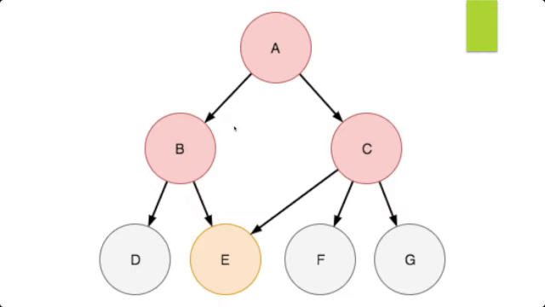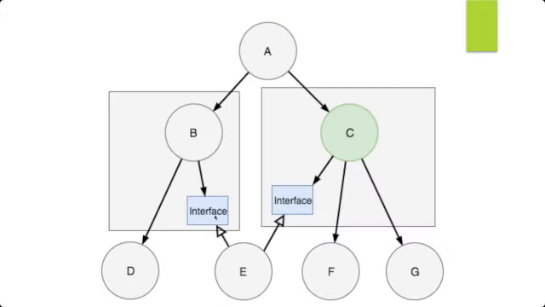That's why I want to use the dependency inversion principle. I want to change this dependency and reverse it. How to do it? I create the interface, and my class B works not with the E object but with a realization of this interface, and class E should implement this interface.